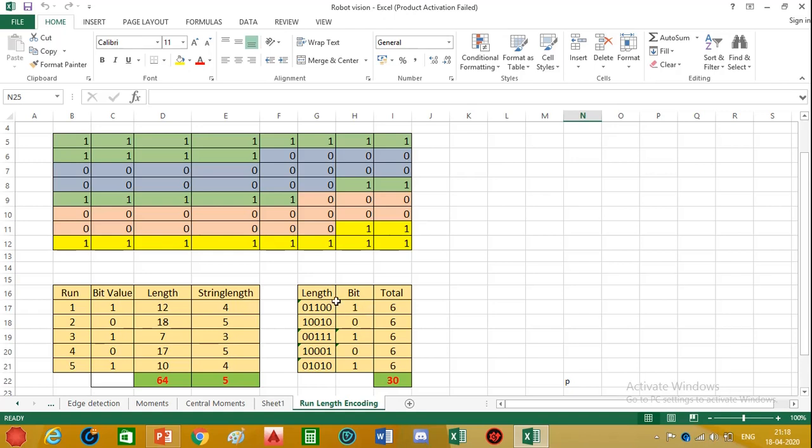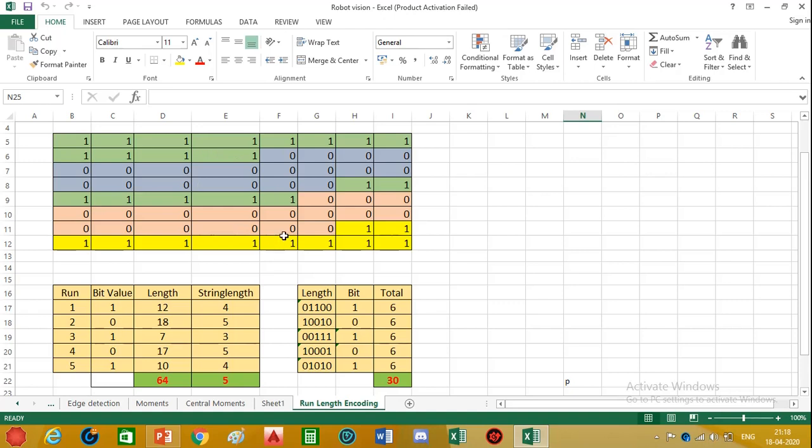Thus, for every run, we need a total of 6 bits, 5 bits to represent the length of each run and 1 bit to represent its bit value. Since the resolution of the image is 8 by 8, we need to store 64 bits. Hence, the storage capacity is 64 bits.